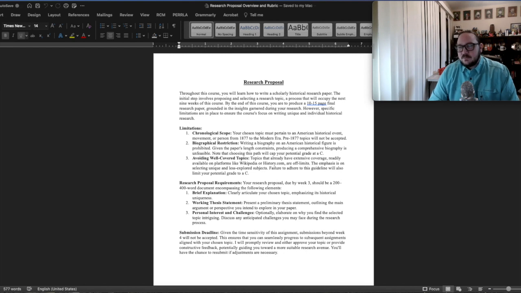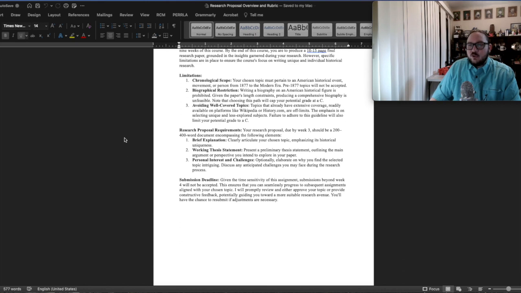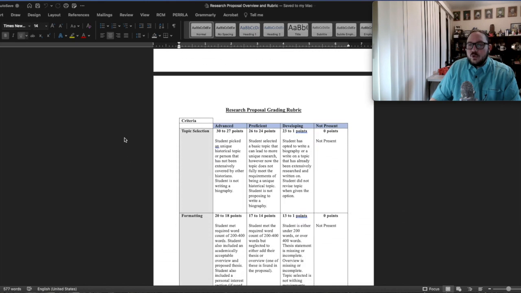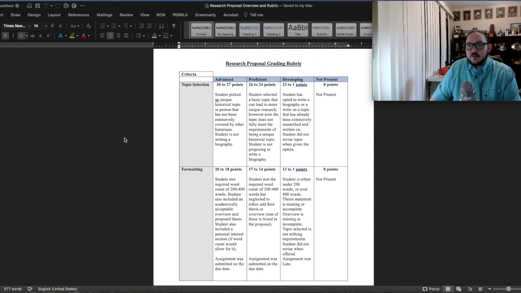Also, some people may have not noticed this. I'm going to give you a hint now. If you look at the research proposal and you scroll down, you will notice that I have the rubric right below here. Okay, these are what I am looking specifically for when it comes to me giving you a grade for this assignment.